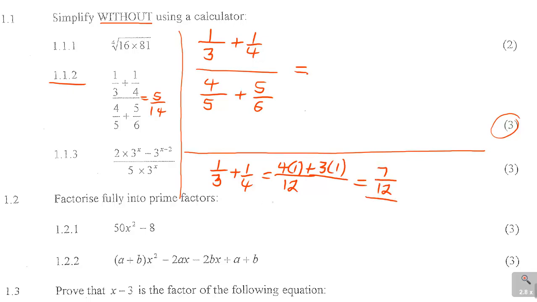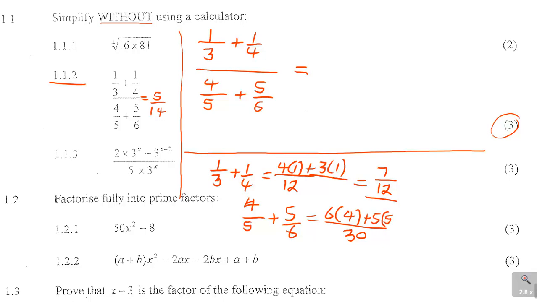So that's the first part. The other one is 4 over 5 plus 5 over 6, and then again the common denominator between 5 and 6 is 30. So it's 5 into 30, it's 6. Then you multiply by the top number, which is 4, plus 6 into 30, it's 5.